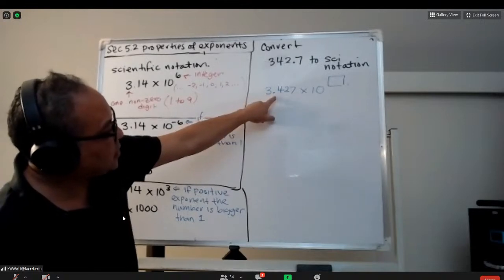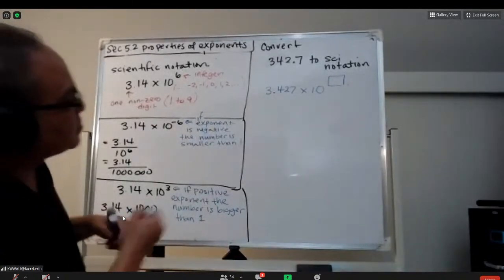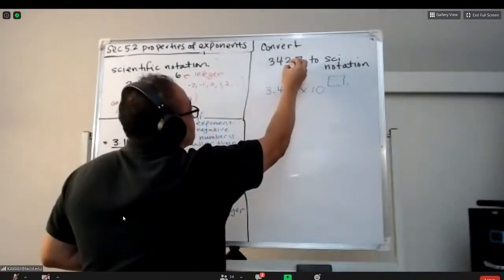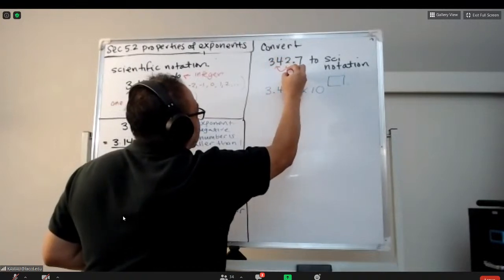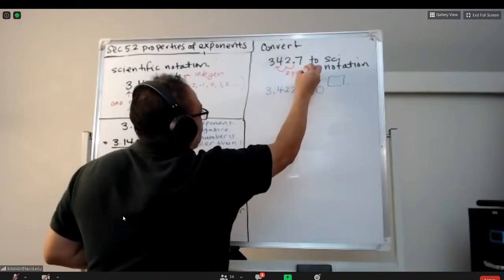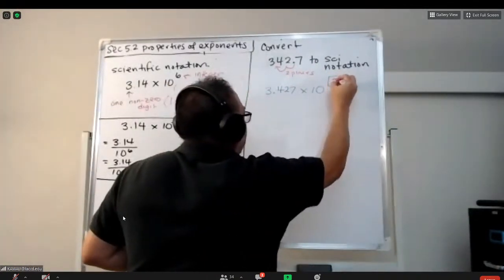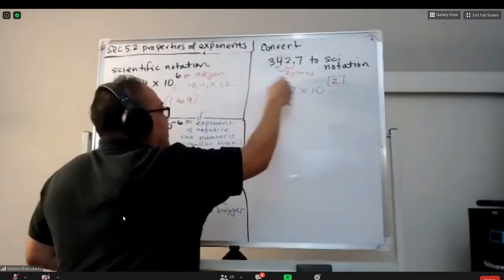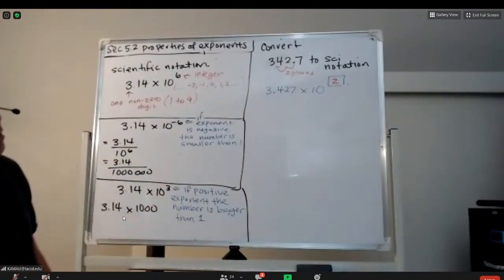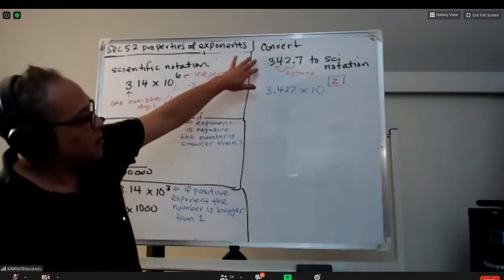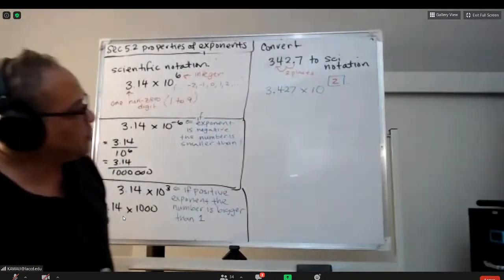Right? So it has to be a number between 1 through 9, which is 3. So my decimal is going to get moved 2 places. I move my decimal 2 places. So this becomes 2, and this is positive because the number we're starting with is bigger than 1.